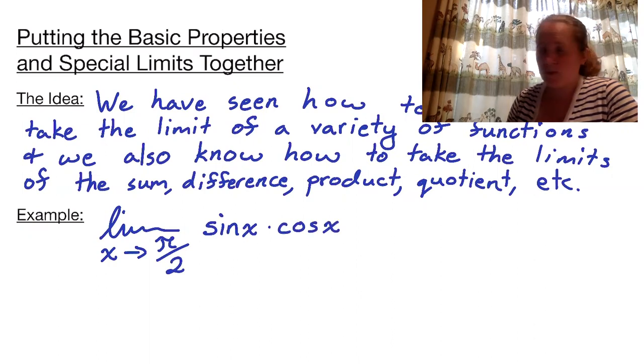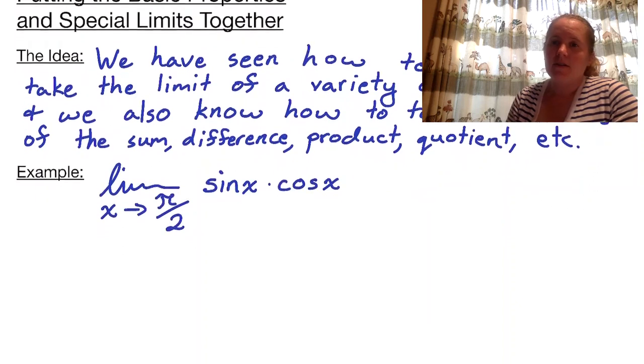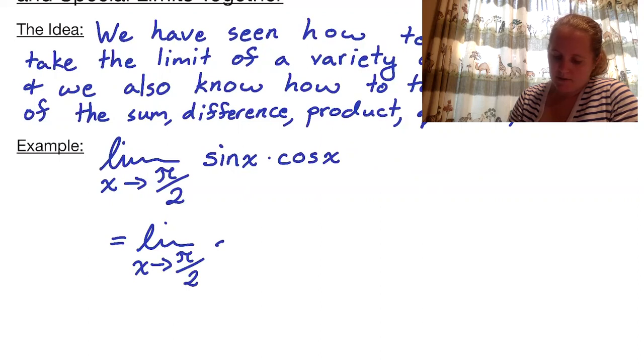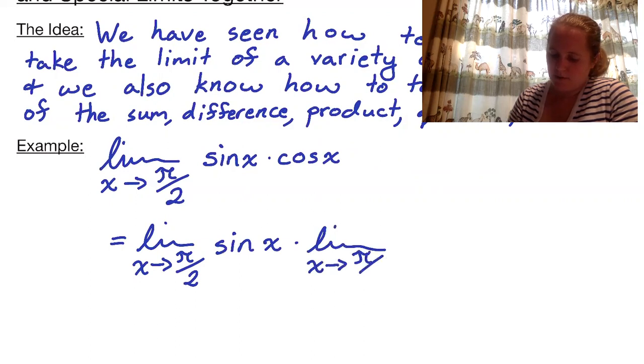So by our limit rules, limits split across products. So this is the same thing as the limit as x approaches pi over 2 of sine x times the limit as x approaches pi over 2 of cosine x.